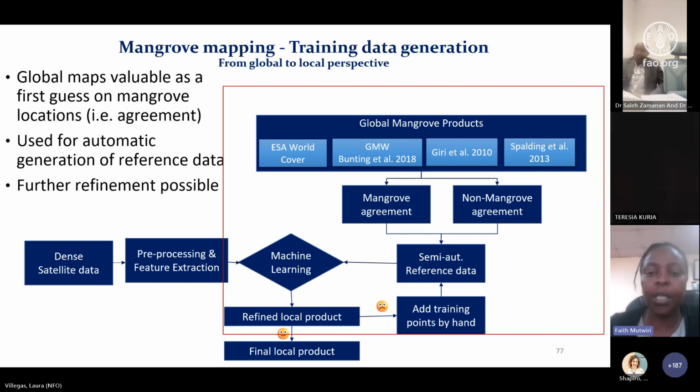Using these sample points and the products selected from the Mangrove Watch, they are subjected to machine learning. We have a locally refined product that combines both the global data sets and the locally done data sets, and then we have a final product. This comes as further refined, improved information, or mangrove maps, and a time series of the same. Next, please.